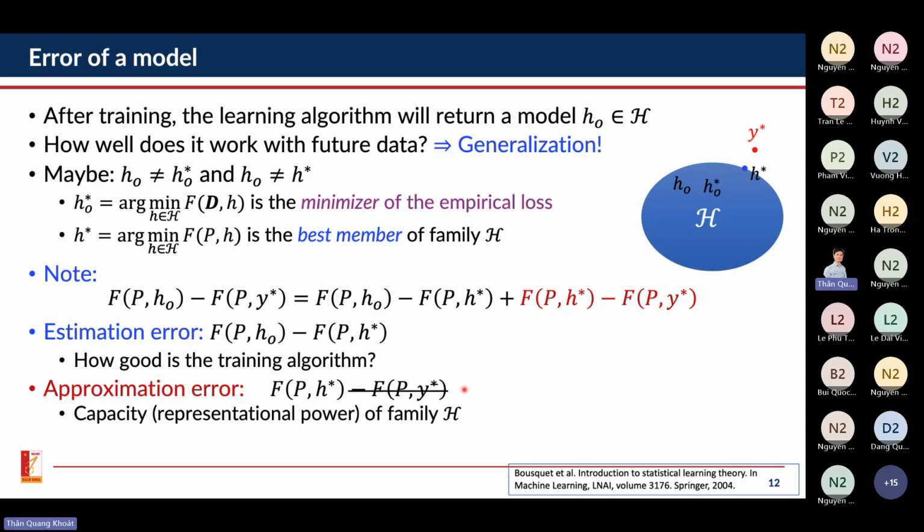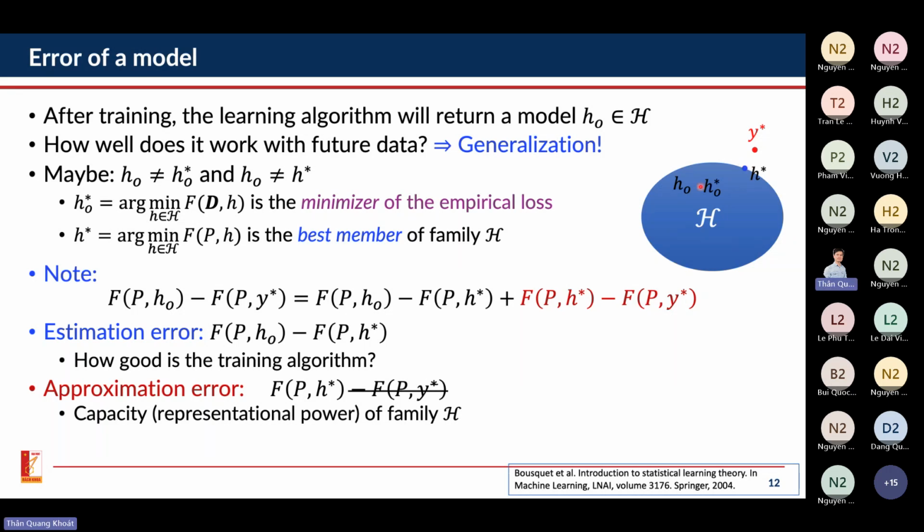In other words, it represents the capacity of the architecture we already choose. For example, initially we choose this family in order to work with our problems. So the approximation error essentially says about the capacity of this family, okay? If this family is very strong, it means that it can approximate very complex functions, right?